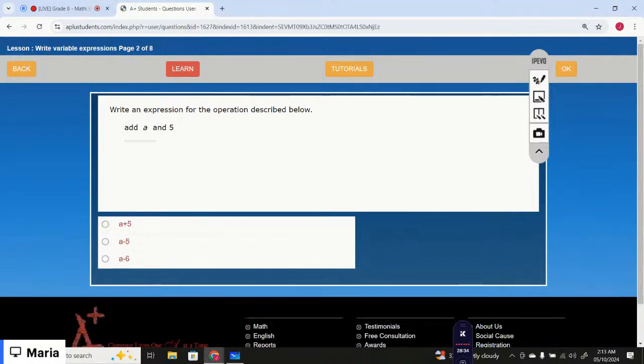Okay, the next one is write an expression for the operation described below. Add a and 5. So which is the correct option?